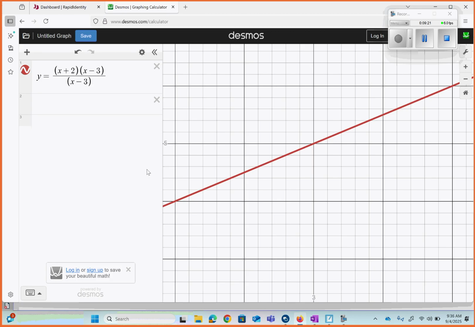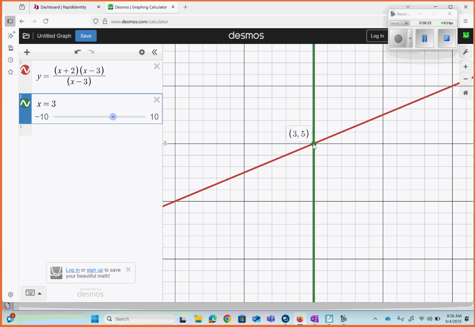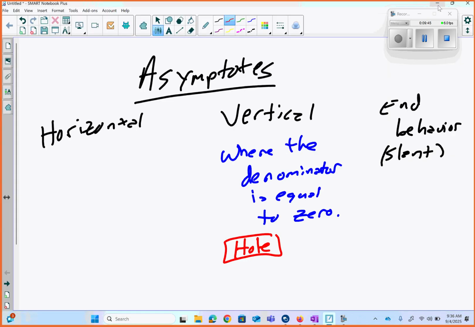Okay. So the big difference is at the value x equals 3. On my green line, it exists at 5. But if I go back here, we have it undefined. So that means there's a hole exactly there. A hole will take the place of a vertical asymptote.